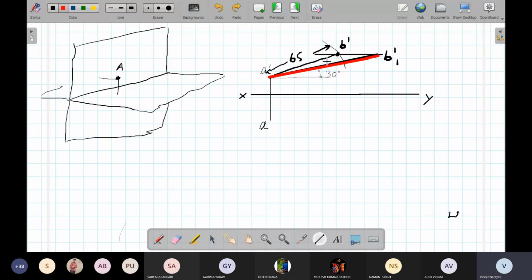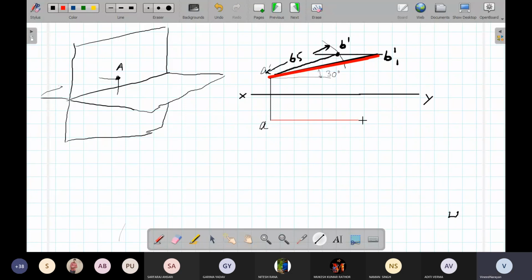Now we have to draw the other part. The other part can be drawn easily. For that you have to draw a horizontal line. Let's take a thinner line.